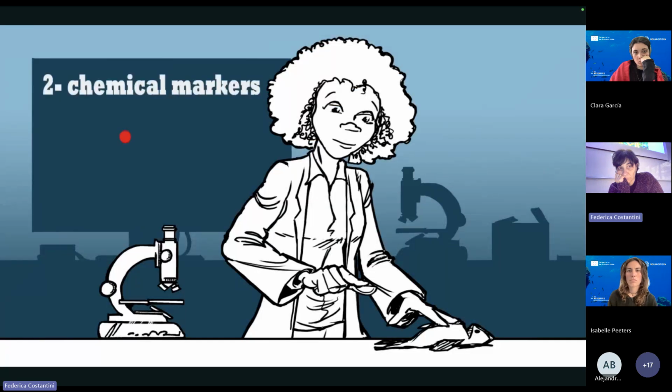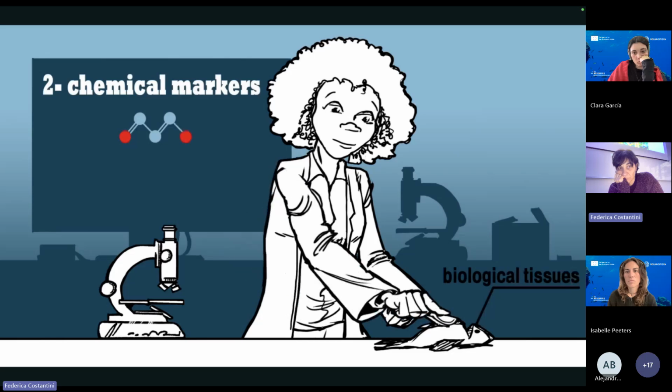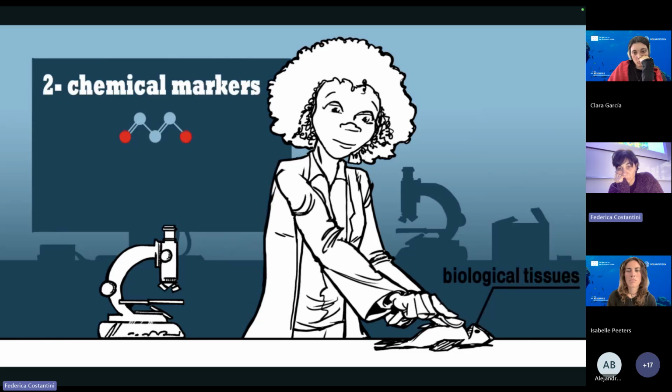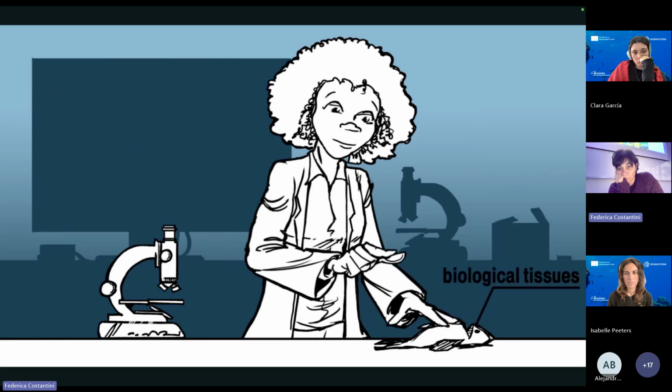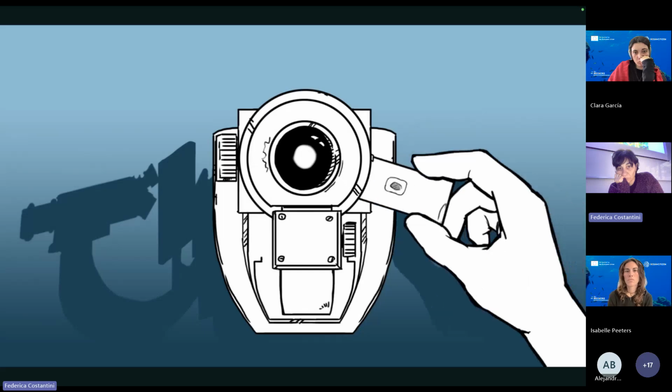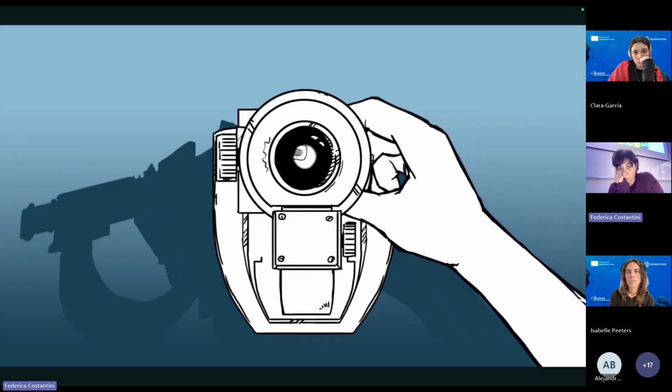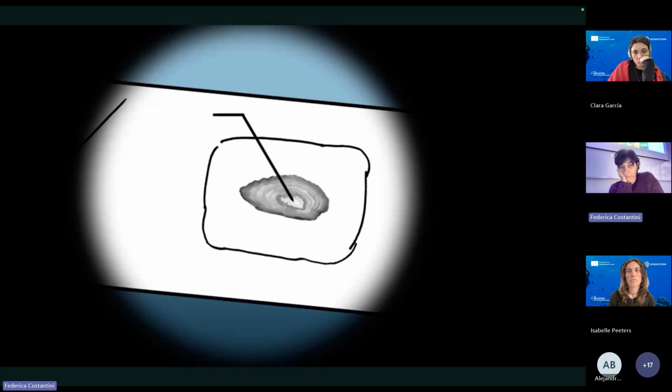Thanks to chemical markers in biological tissues, we can identify where many marine species have lived and what they have eaten. For this, we mainly use hard structures formed from an early age, like fish ear stones, shells, or vertebrae, which grow in layers, producing rings like those seen in trees.